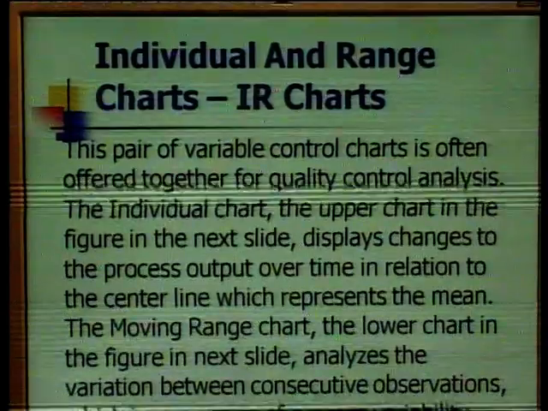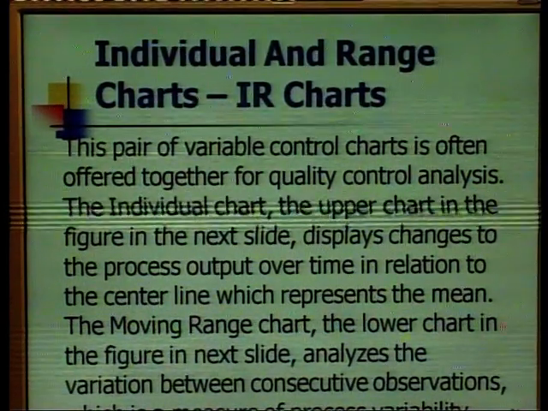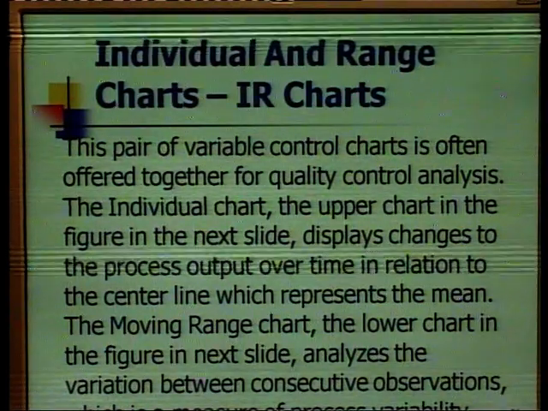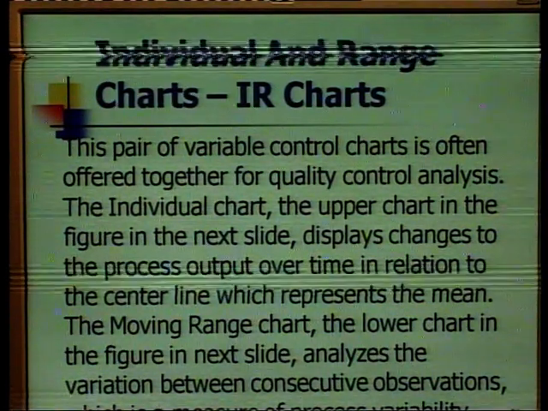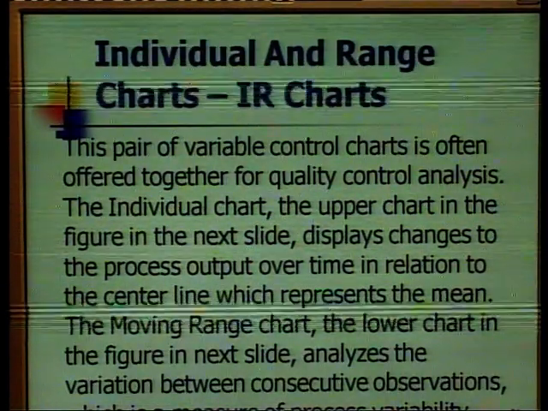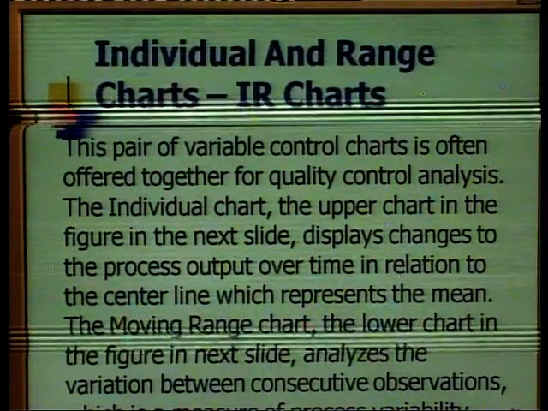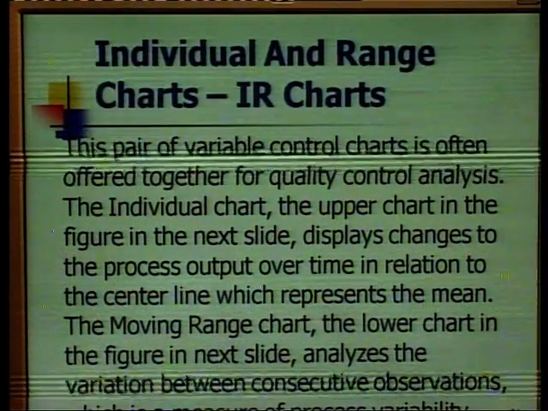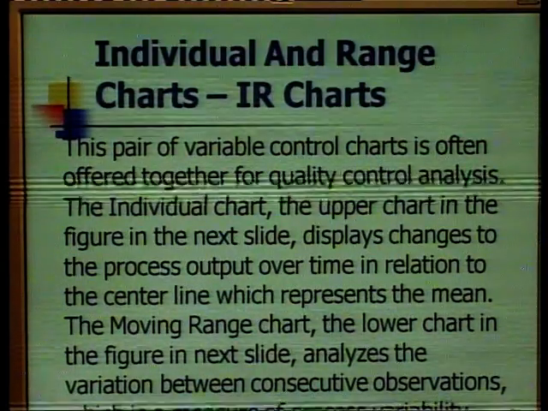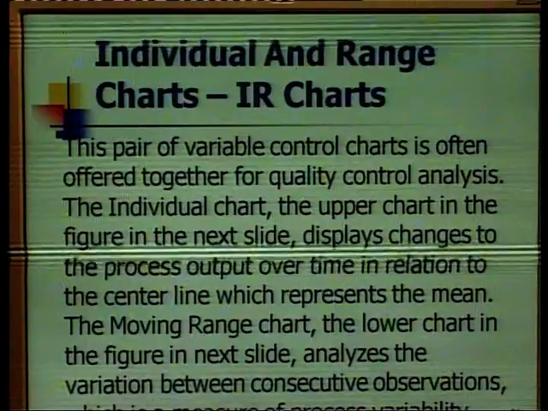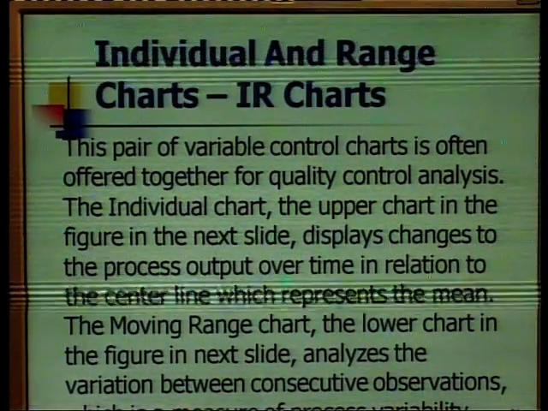Next comes the individual and range charts, IR charts. This pair of variable control charts is often offered together for quality control analysis, which means we use this for the purpose of quality control. The individual chart, which is the upper chart in the figure on the next slide, displays changes to the process output over time in relation to the center line, which represents the mean.